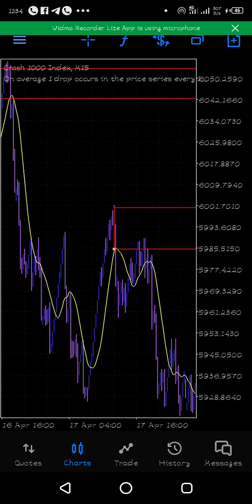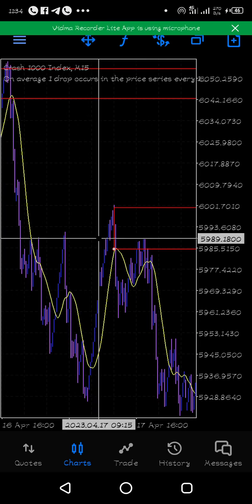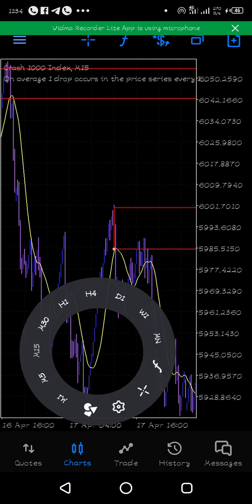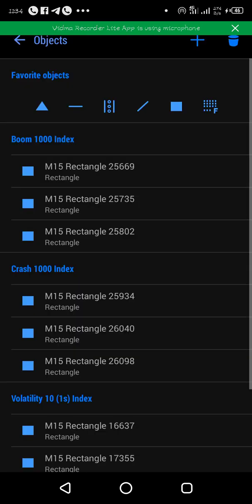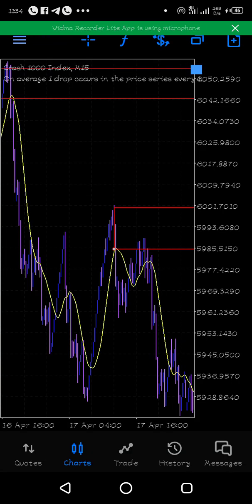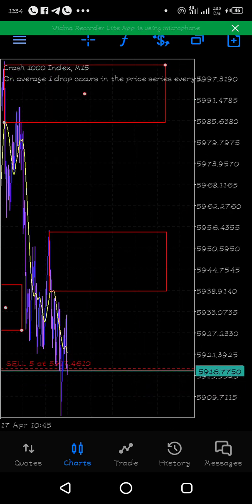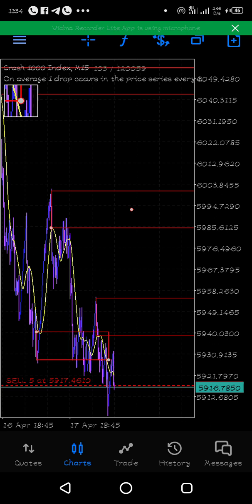And as it reverses, if I want to look for an area of demand zone now, I can also take my rectangle and put it here. So as I'm putting an area here, let's see whether the market respected that zone. Yes, it does.